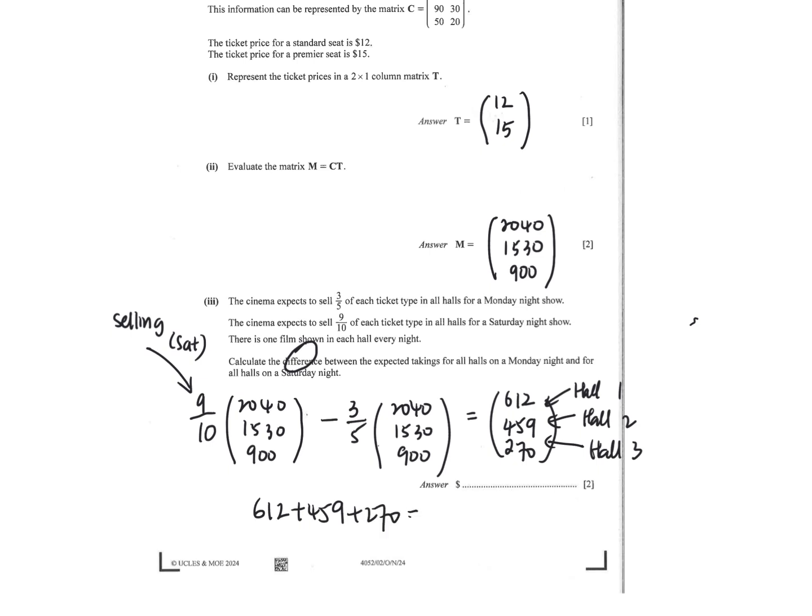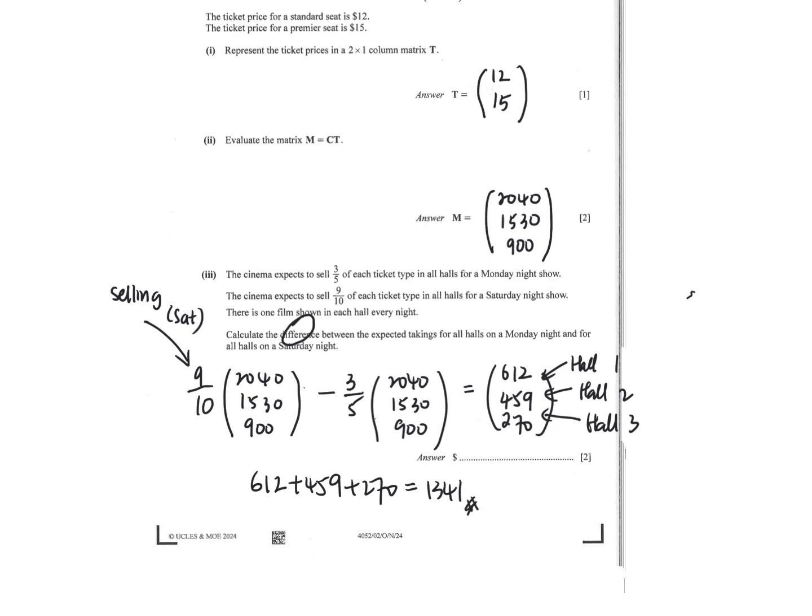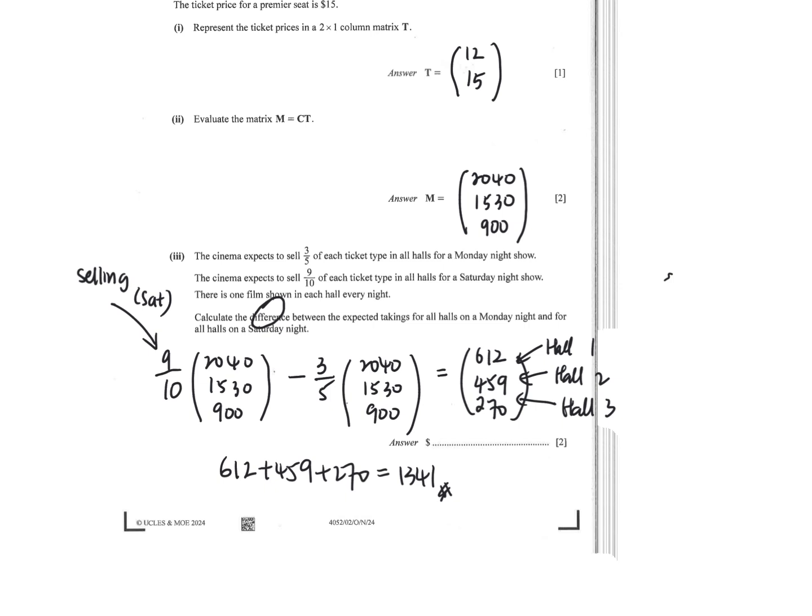When I ask matrices with sentence, how do you answer it? What do you mean? What are you finding? Like, what does your answer mean? For this one, the difference in your expected takings for all the 3 hall 1, hall 2, hall 3 respectively.